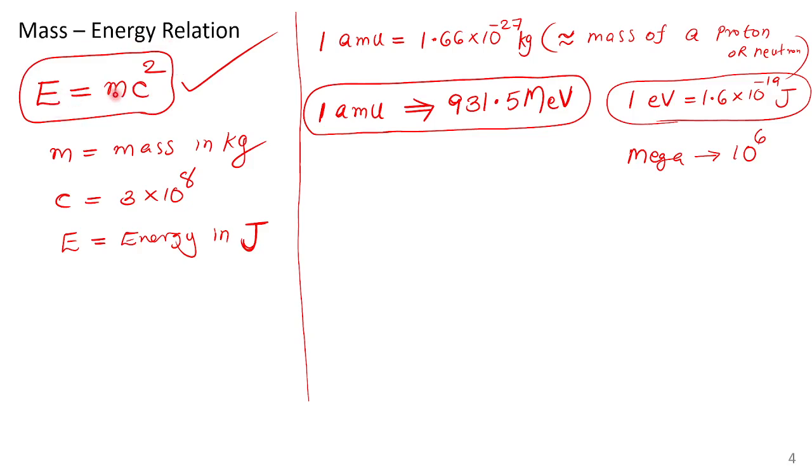The energy corresponding to the mass m is given by E equal to mc square. M is the mass in kilogram, c equal to 3 into 10 raised to 8, E is the energy in joules. So if you are given mass, you can find the corresponding energy using this formula.